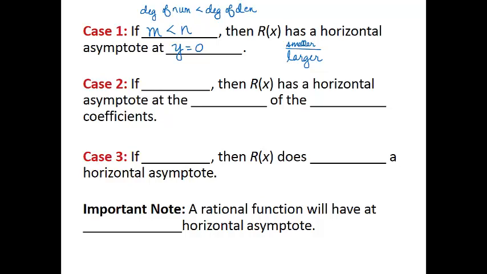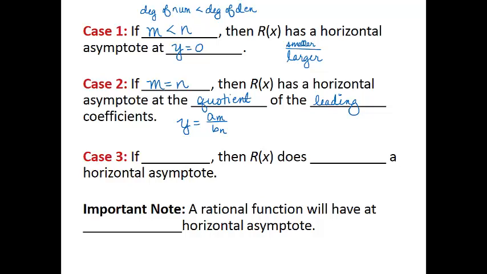Now, the second case is if the degree in the numerator equals the degree in the denominator. That is, if m equals n, then r of x has a horizontal asymptote at the quotient of the leading coefficients. That is, y is equal to a sub m divided by b sub n.